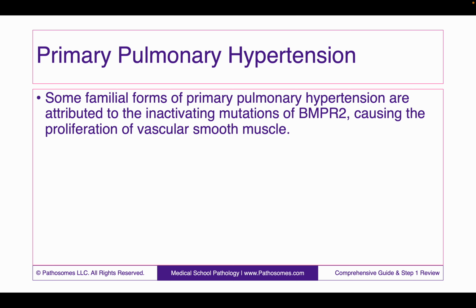However, some familial forms of pulmonary hypertension of the primary sort are attributed to inactivating mutations of BMPR2, causing the proliferation of vascular smooth muscle.